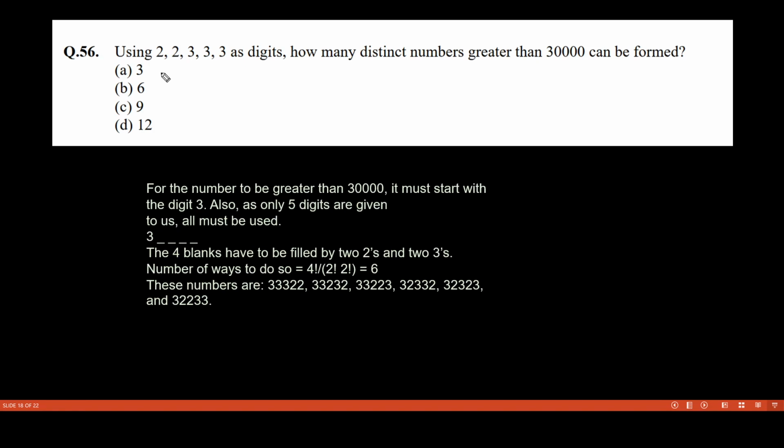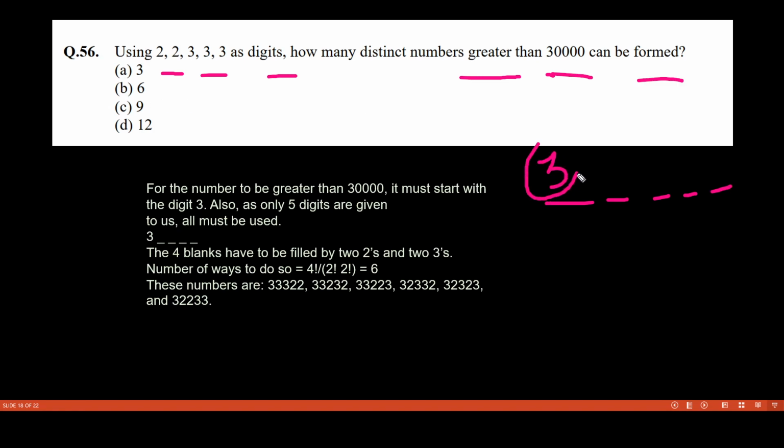Now see this question: using the digits 2, 2, 3, 3, 3 as digits, how many distinct numbers greater than 30,000 can be formed? This is a 5-digit number.